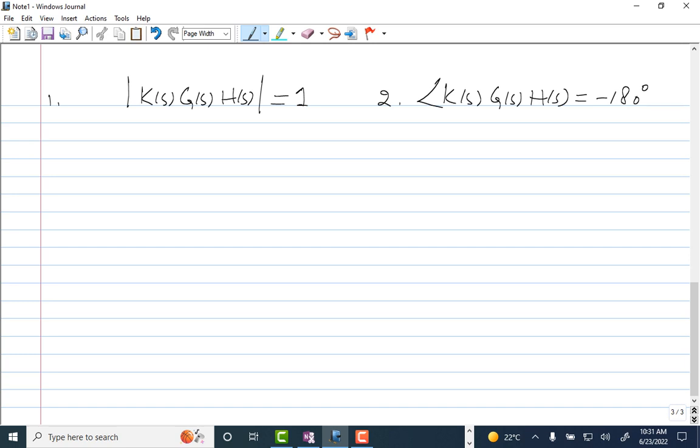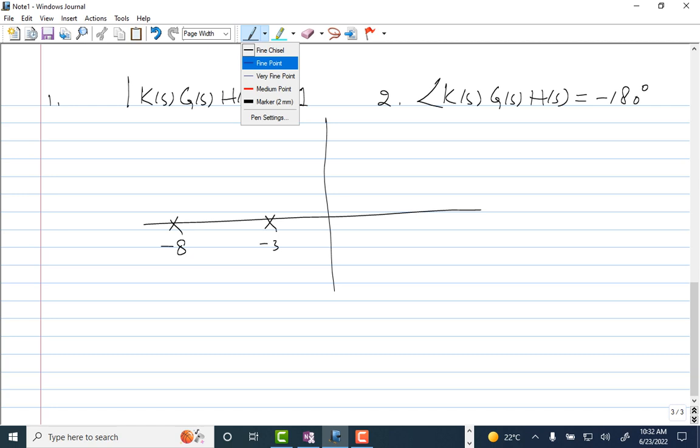Now before designing the controller, let's plot the root locus here, and this is a very important point. We have the pole at minus 3 and the pole at minus 8. Now I just change the color.